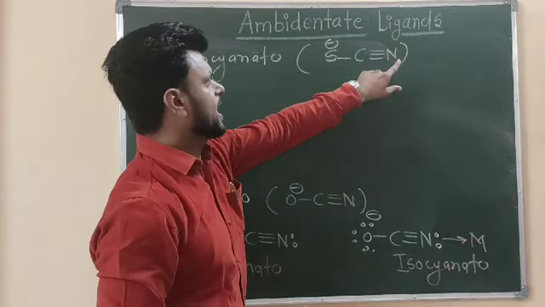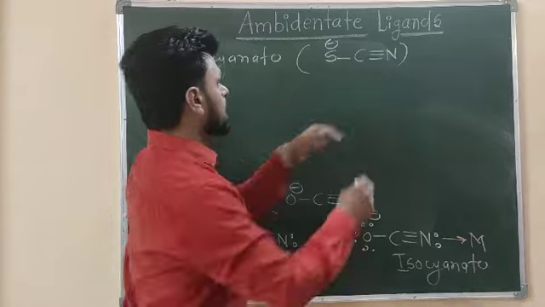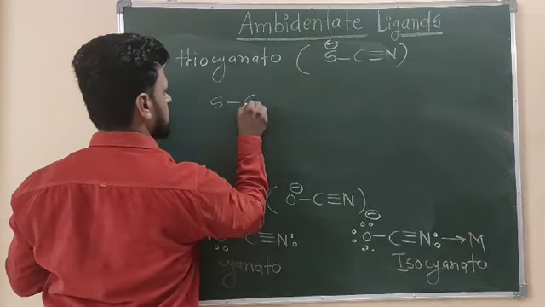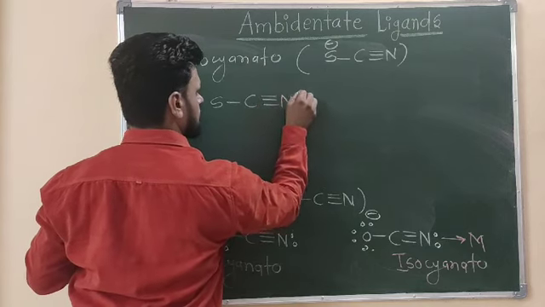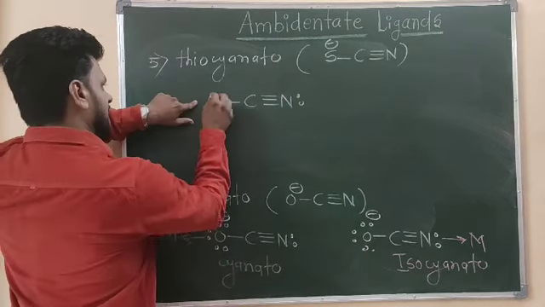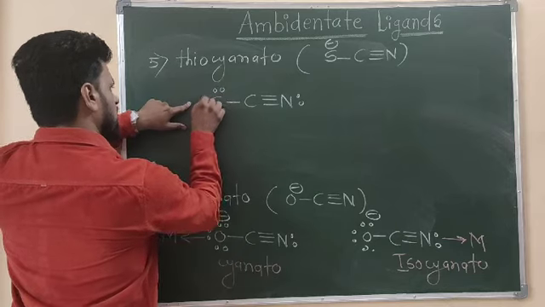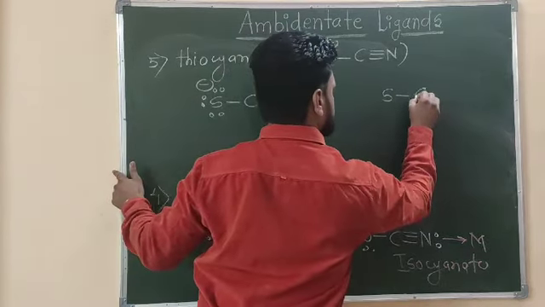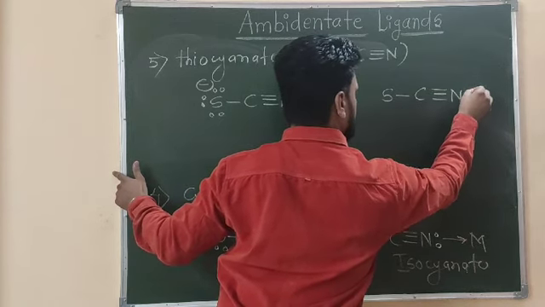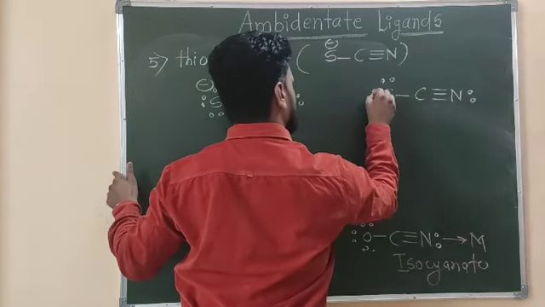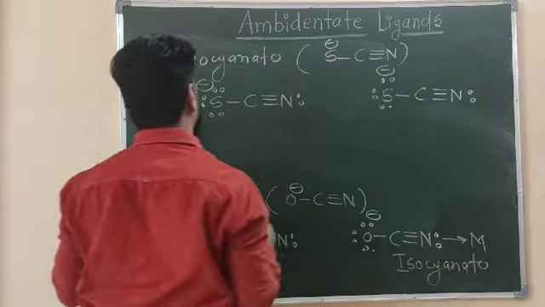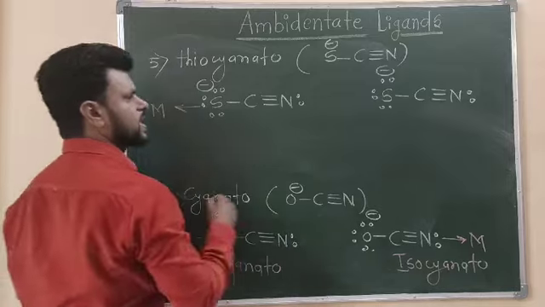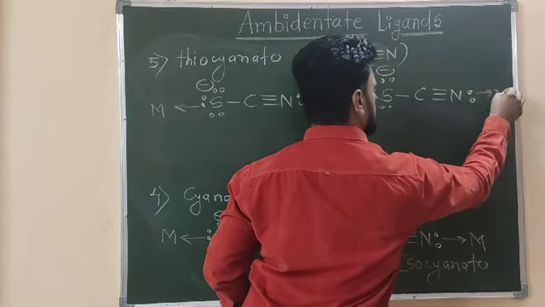Again, sulfur and nitrogen are the potential donors, and carbon never forms a linkage with the metal. Writing the structure here, C triple bond N carries an electron lone pair. Now sulfur has a negative charge, that's why we have a 3 electron lone pair on the sulfur. Same thing writing here, C triple bond N, N carries a lone pair, sulfur carries a 3 electron lone pair, negative charge. So sulfur can form a bond with the metal. Similarly, nitrogen can form a bond with the metal.